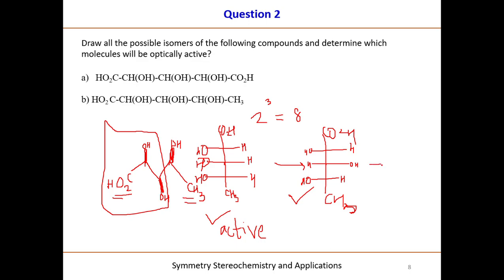Now let's draw the other isomers possible for this molecule. I will draw only 4, then the other 4 you have to draw, and we will discuss in the next class if you have any doubt.